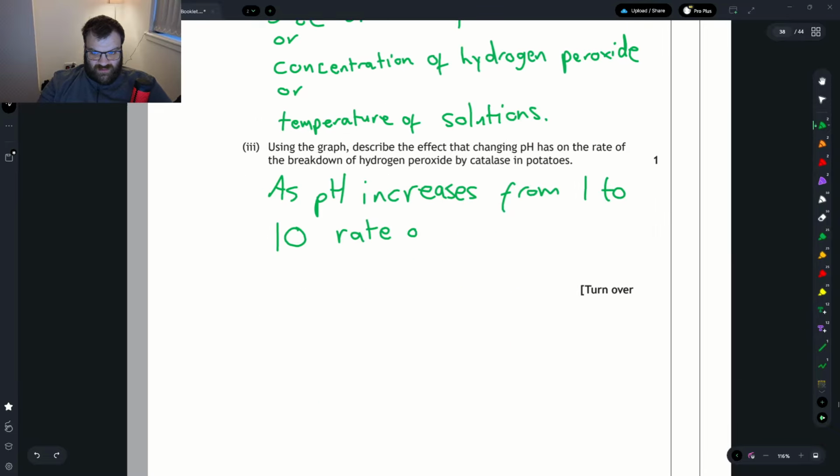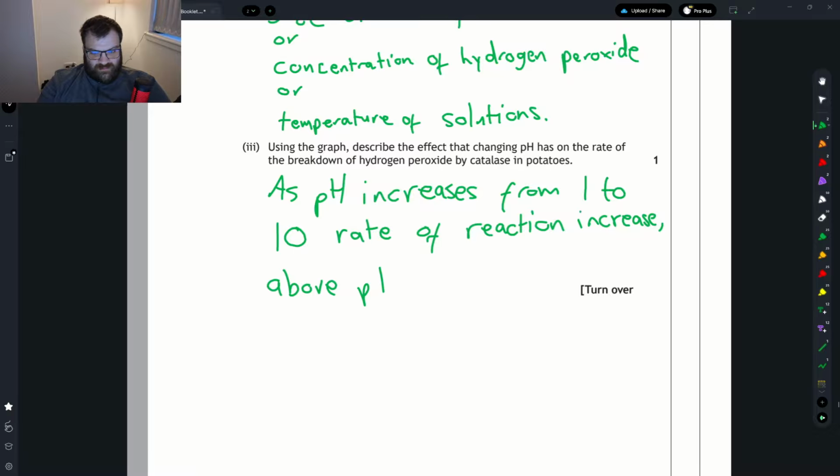Rate of reaction increases. But we now have to add in that above pH 10, or from 10 to 14, rate has decreased.